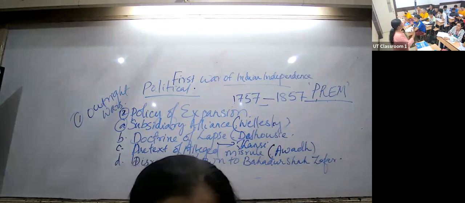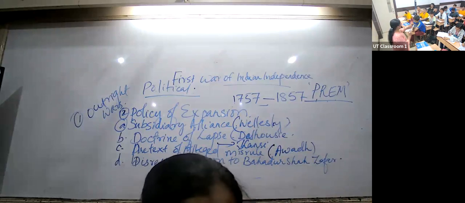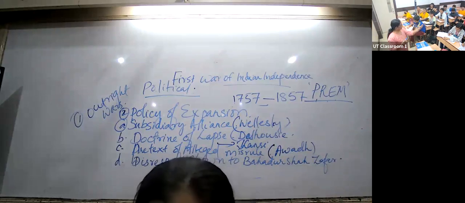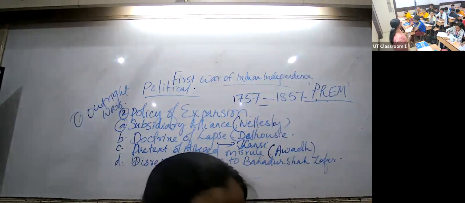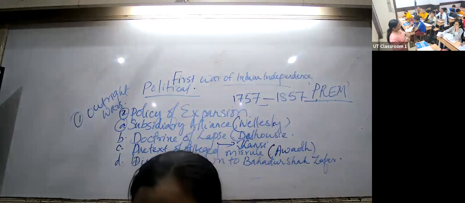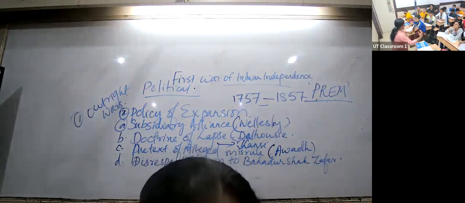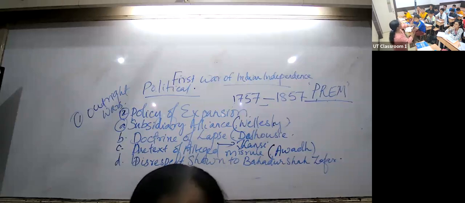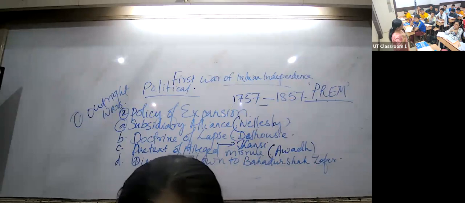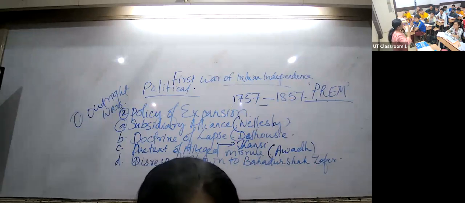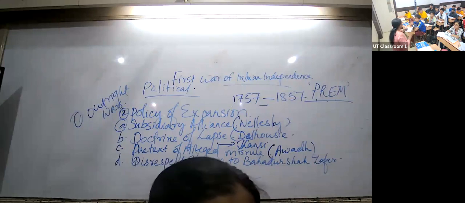How did the British show disrespect to Bahadur Shah? See, Bahadur Shah was living in the Red Fort. So he was told that his successor should shift to a palace near Qutb Minar. We know that those who built that place were not allowed to live there.